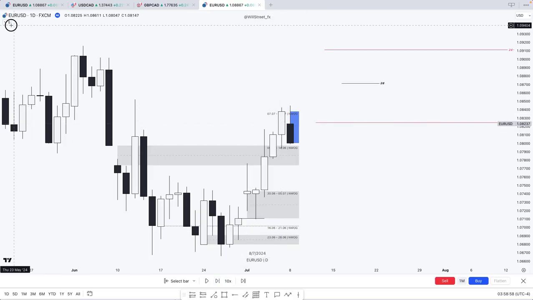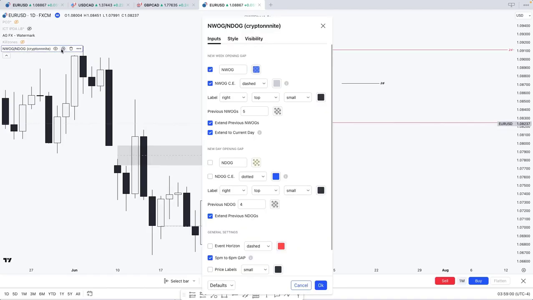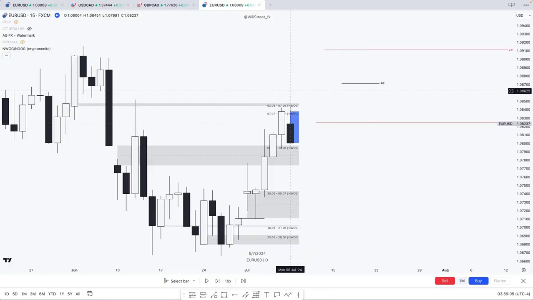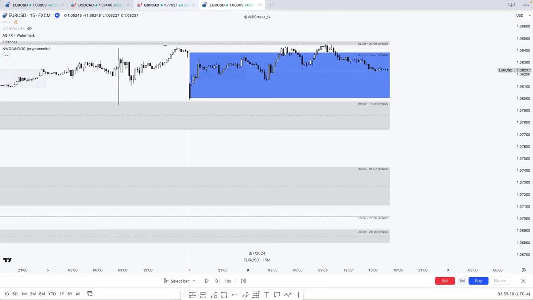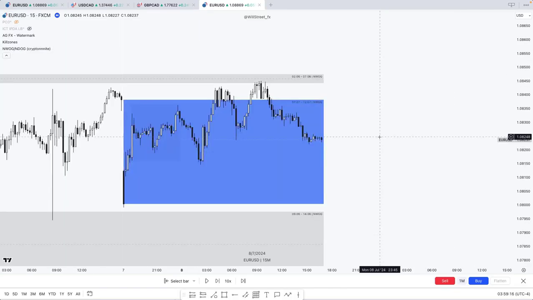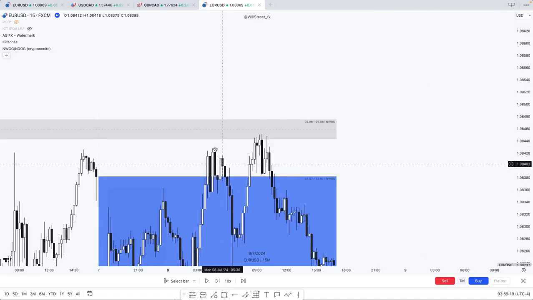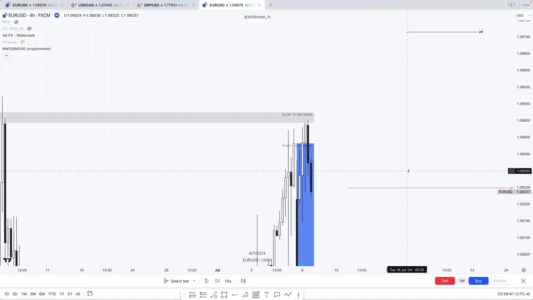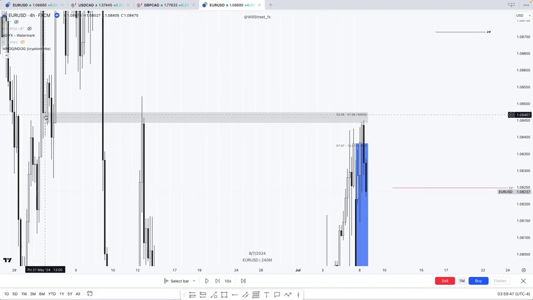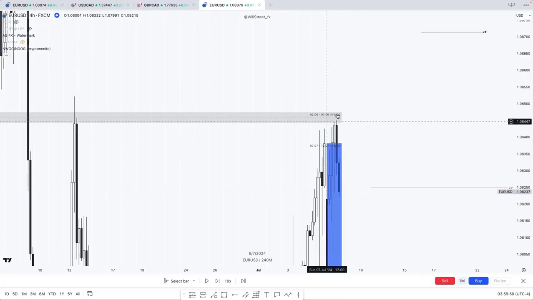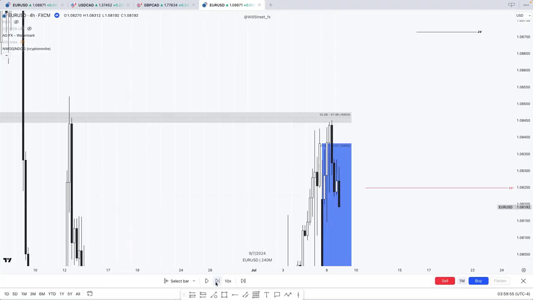So the previous day failed to reach the previous new week opening up, and look at the next day. To me, it's the only PRA that works, because this is a real liquidity void on the chart. So look at the bodies. It acts like a real resistance in this case, and lower.